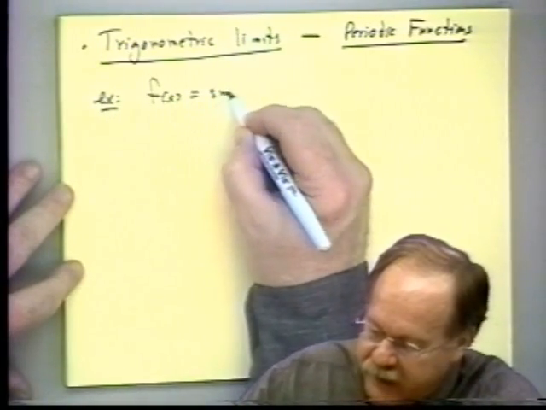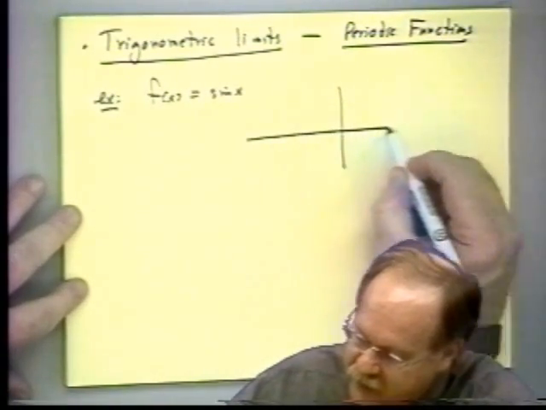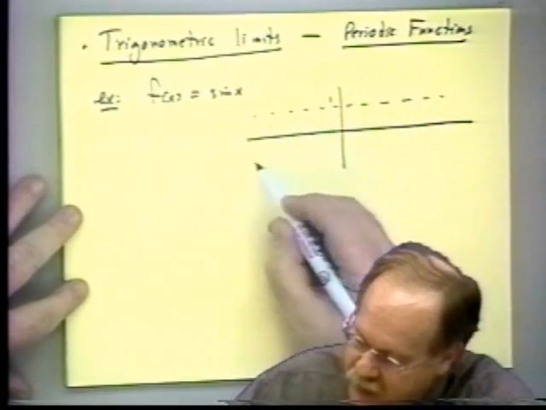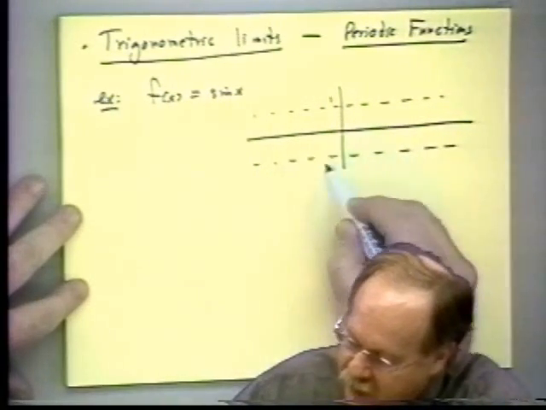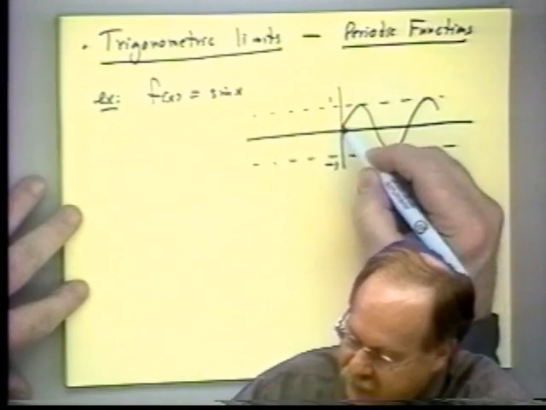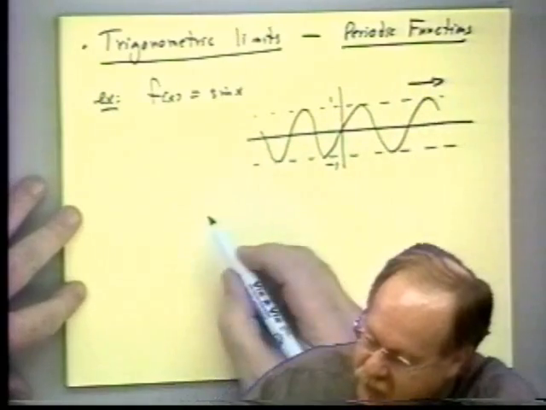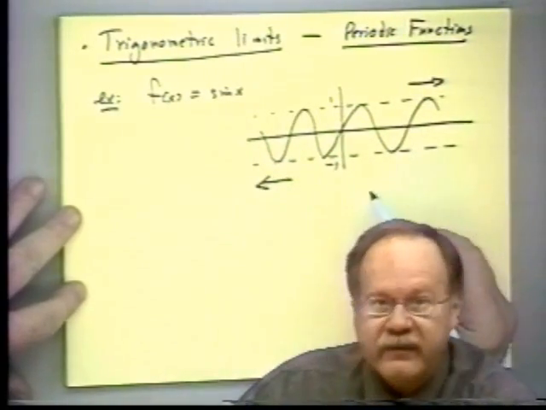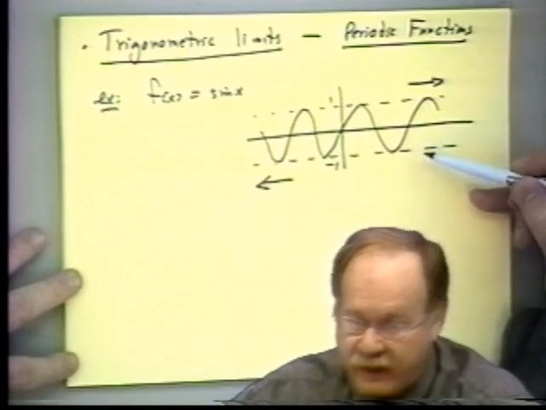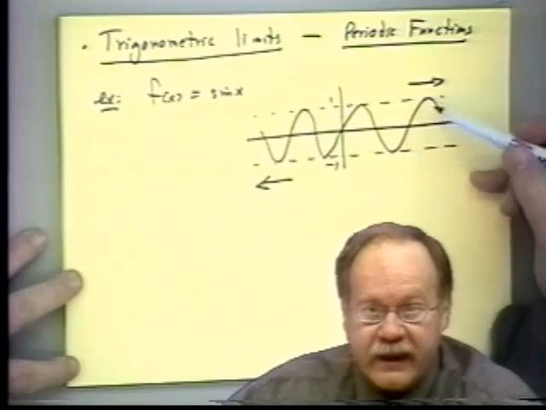So suppose first of all let's take the most familiar one, f of x equals sine x. If you look at the graph of this function, as we know, it never goes any higher than 1 and never goes any lower than minus 1, and has a picture that looks something like this in both directions. You can see that as x goes to plus infinity or negative infinity, the height of the function, the functional value, never settles down. It is what I like to call infinitely indecisive.